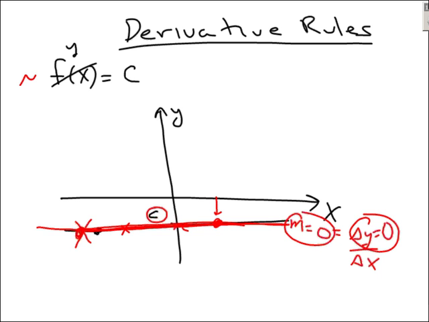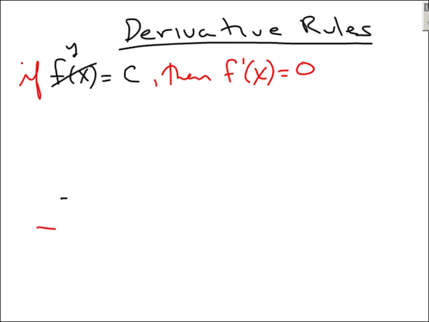So what I'm saying is, if f of x is a constant, then the derivative, no matter what x is, is 0. Now, I think as a calculus student, you should be able to prove that. We're going to use the definition and prove it. So whenever you have a constant, the derivative is 0.